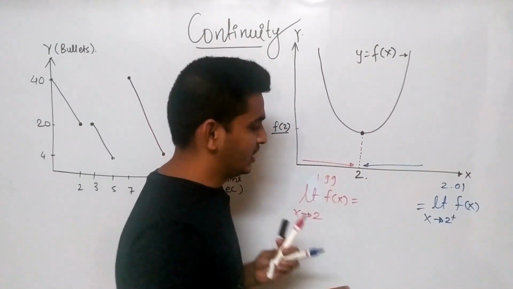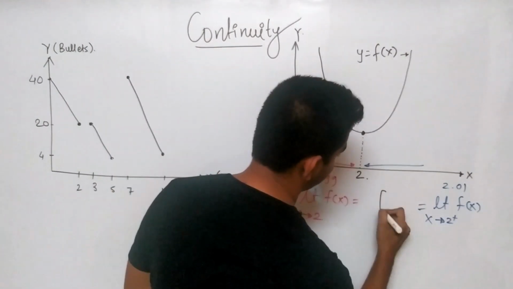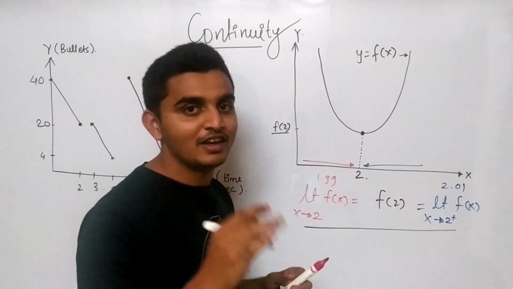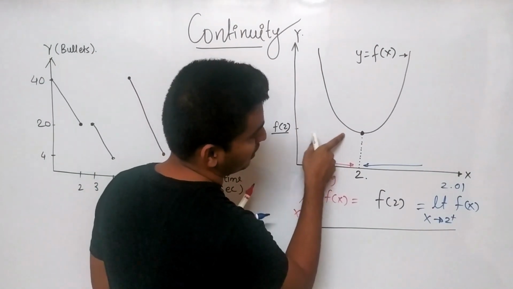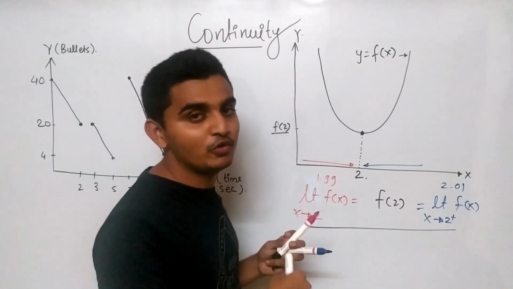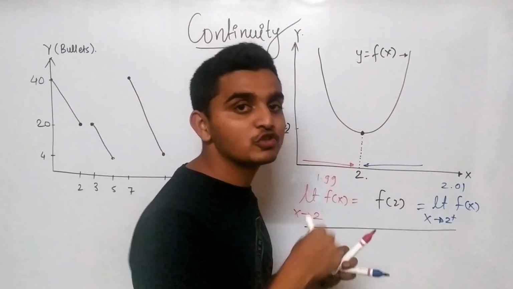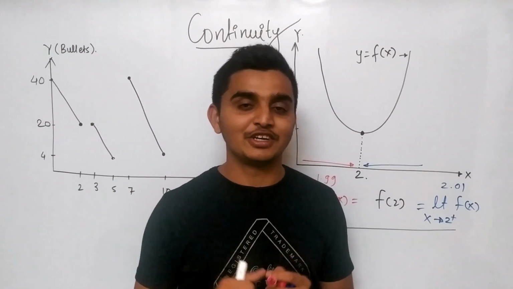And what they said was, if these 2 values are equal to f of 2, then the function is continuous. Well, I'll explain what they mean. What they mean was, if you come from the left side and that value is equal to f of 2, and if you come from the right side and that value is also equal to f of 2, your graph or the function is continuous.